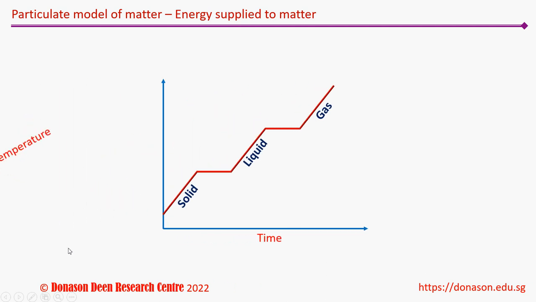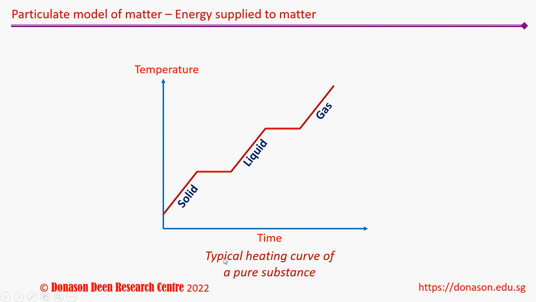This is how a typical heating curve of a pure substance looks. What is the temperature at which the solid turns into liquid? That temperature is what we call the melting point. Remember, throughout the melting process the temperature is not supposed to increase or decrease, but remain unchanged if the substance is pure.